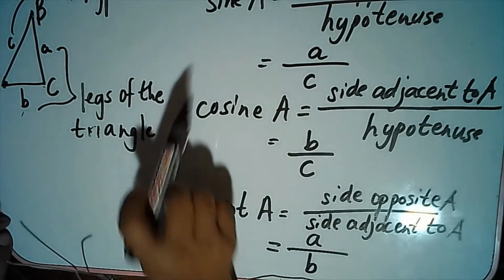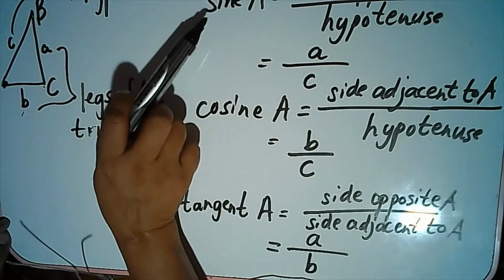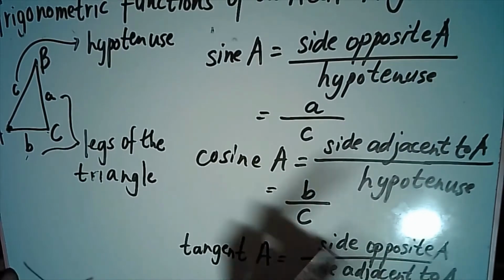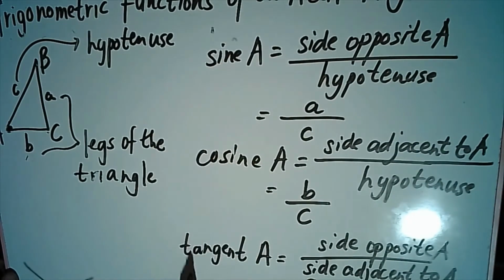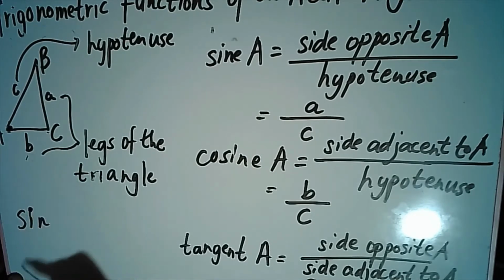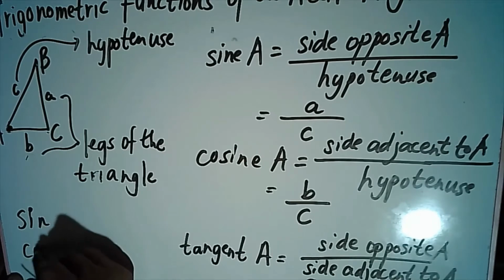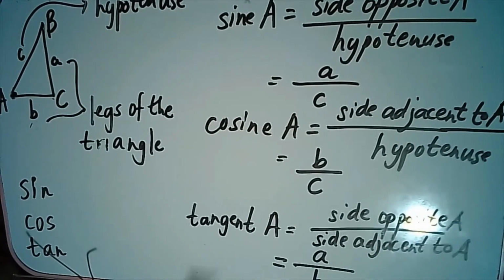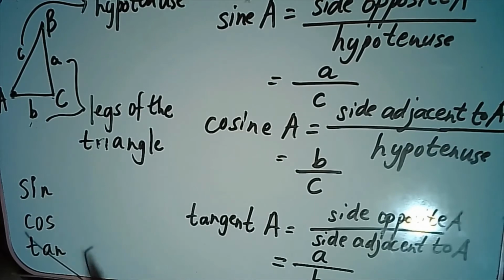The sine, the cosine, and the tangent can also be written as sin, cos, and tan. That is the short way of writing them.